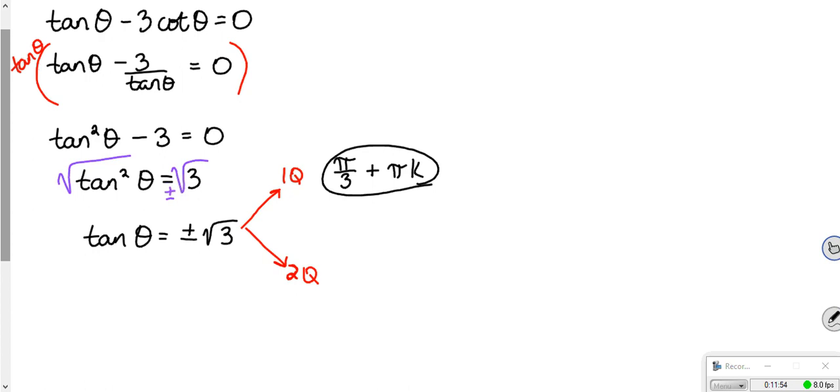And that's going to repeat from the first quadrant to the third, back to the first, back to the third. Second quadrant, your answer is going to be 2 pi over 3, and again, plus pi k. The period of your tangent function is 1 pi. So in the second quadrant, it's going to repeat second, fourth, second, fourth. So those are your 2 answers.